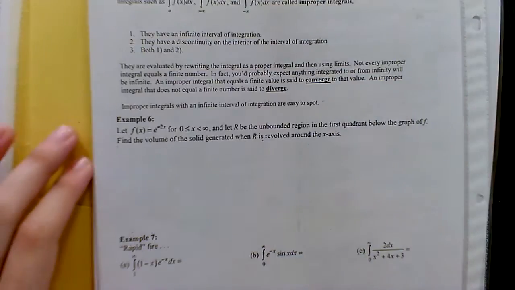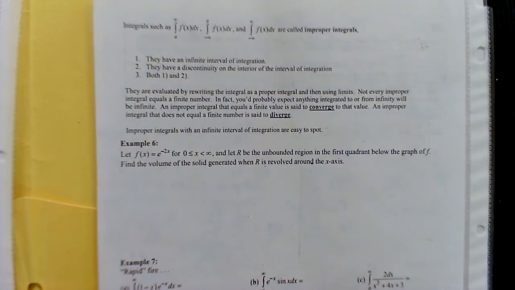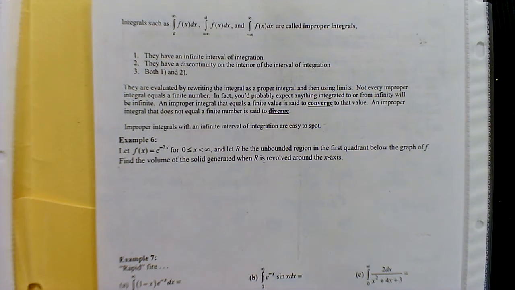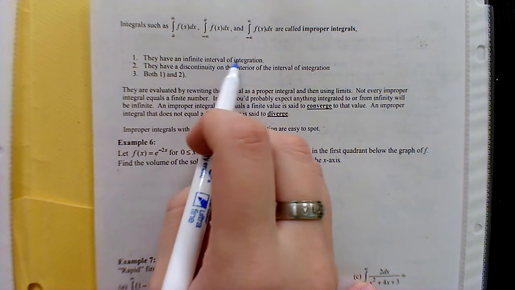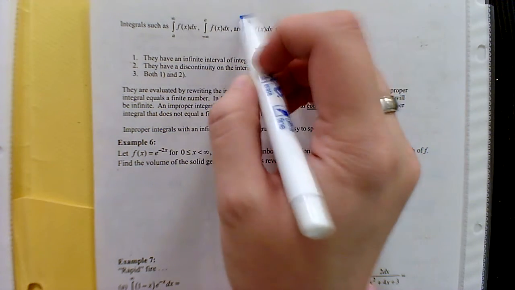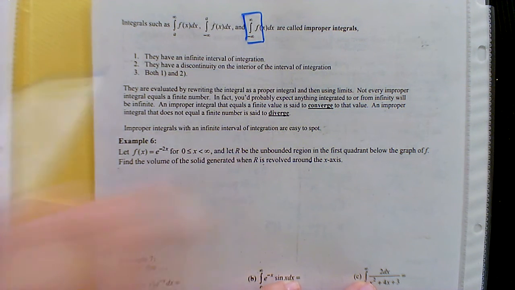All right, so for these improper integrals, yes, we're looking for infinity values, but we're also looking for perhaps there's a discontinuity somewhere within the bounds. So we could have an infinite interval of integration, which is kind of like that example where you go from negative infinity to positive infinity.